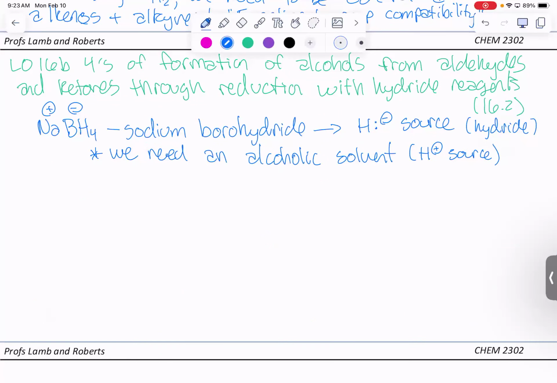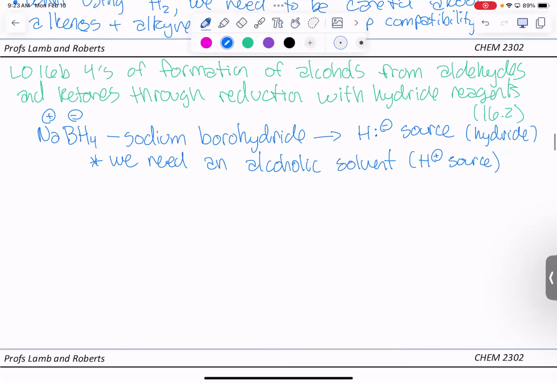All right, so there's another stronger reducing reagent that I'm going to introduce you to, and this is lithium aluminum hydride. So lithium is positively charged in this case, aluminum is negatively charged. Take a look at the periodic table. Aluminum is directly under boron, so element number 13.